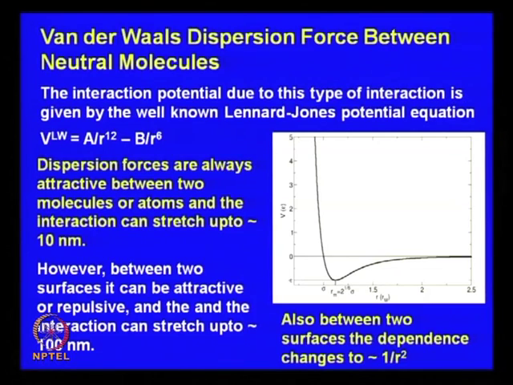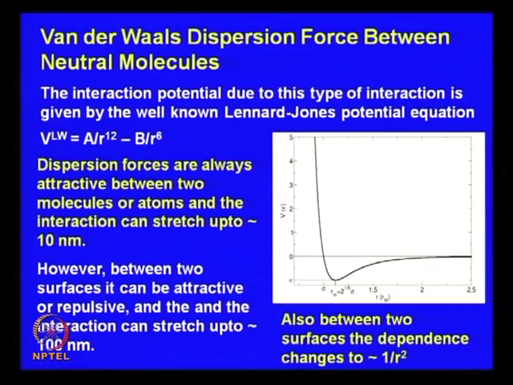For the time being, believe me, and we will show it later, that the dispersion force induced interaction between two surfaces does not scale as 1 by r to the power 6, but it scales as 1 by r square. And the moment the scaling reduces from 1 by r to the power 6 to 1 by r square, what eventually happens is that with increase in r, the decay becomes sluggish.